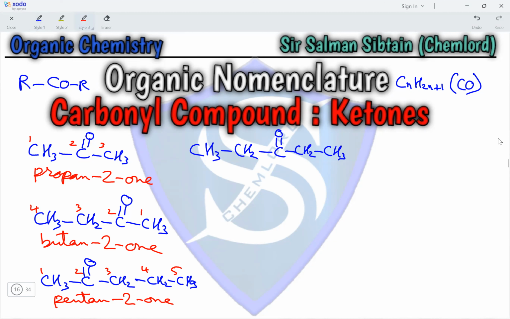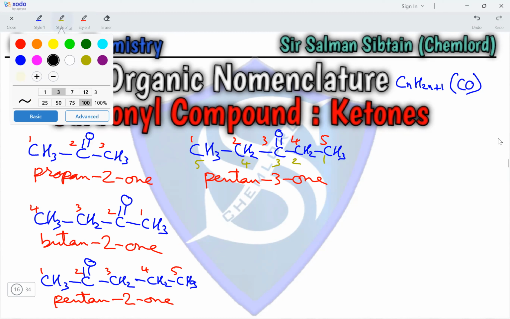In this case, the numbering can be done from 1, 2, 3, 4, 5 left to right, or 1, 2, 3, 4, 5 from right to left. It wouldn't make a difference because the position of the C double bond O remains on the third position. So the name of this ketone would be pentan-3-one.